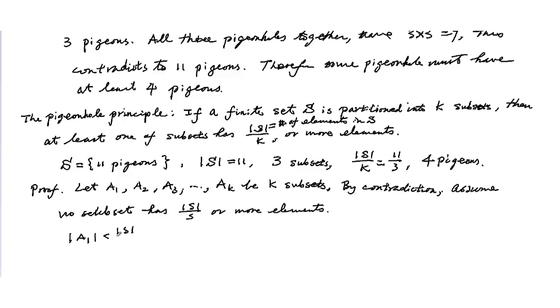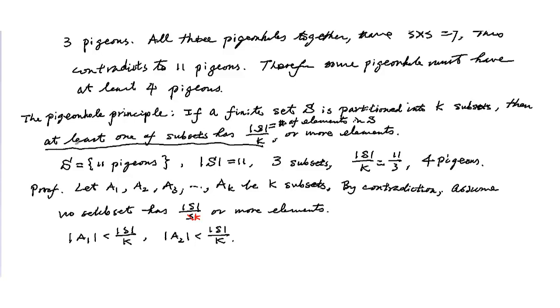So that means the cardinality of A sub 1 is less than cardinality of S divided by K. I made an error here, so instead of S it should be K. And then similarly, the cardinality of A sub 2 should be less than cardinality of S divided by K, because by contradiction we assume no subset has this much. Again, we need to negate this: at least one subset has this much.